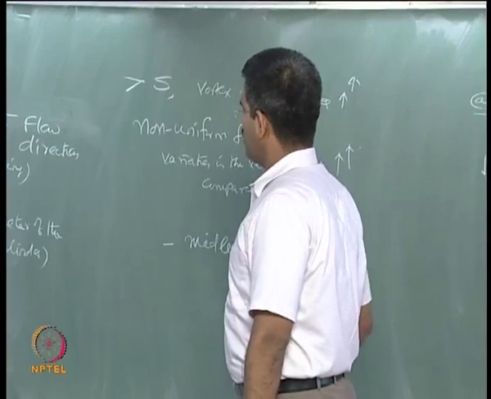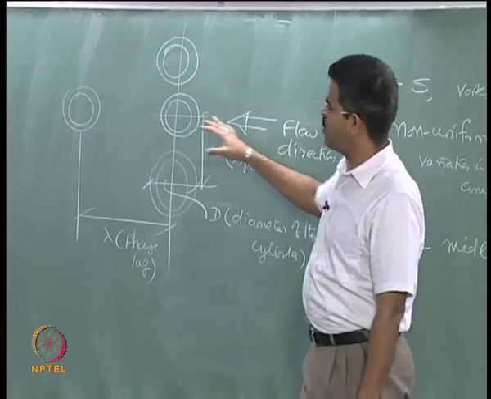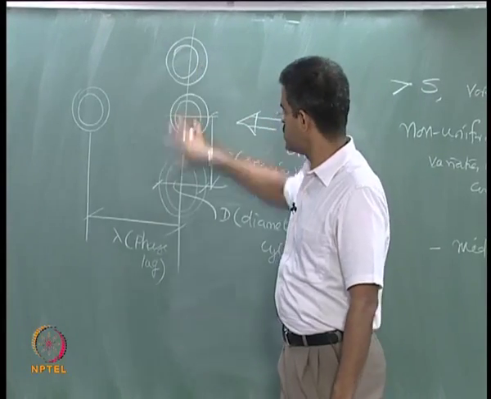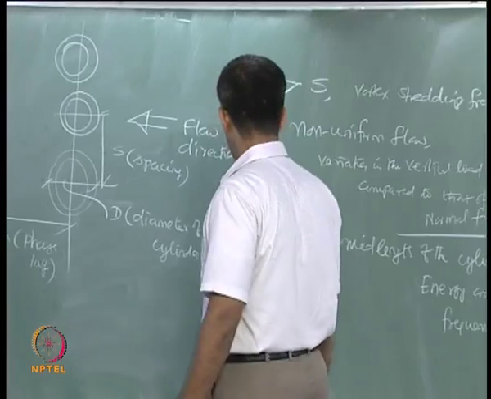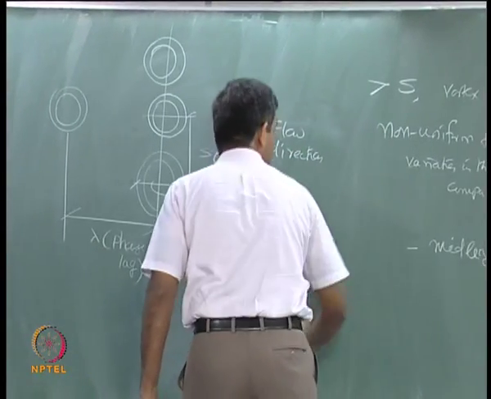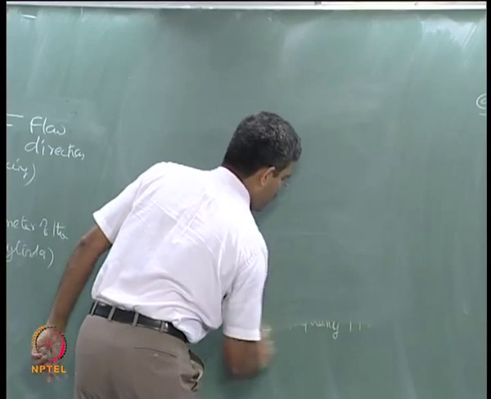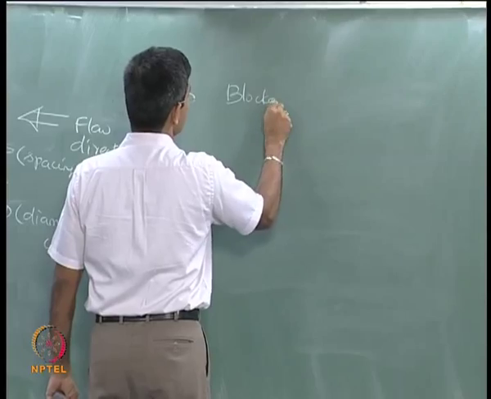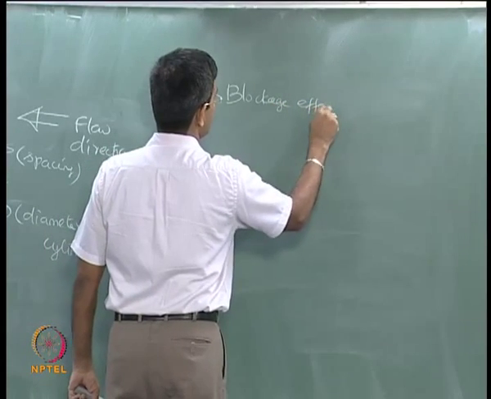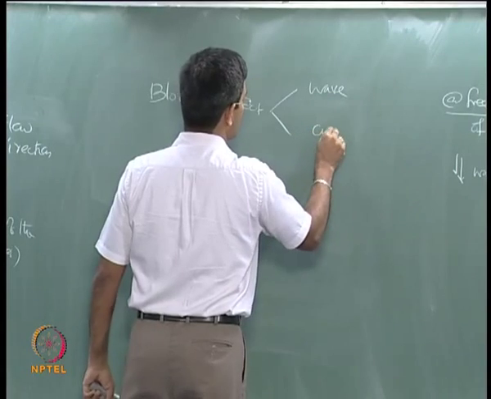So when we talk about a group of cylinders encountering the fluid flow, it reduces the velocity significantly and this causes what we call blockage. This is addressed in API very interestingly in two parts. The blockage effect can be on the wave loading, and can be on the current as well.